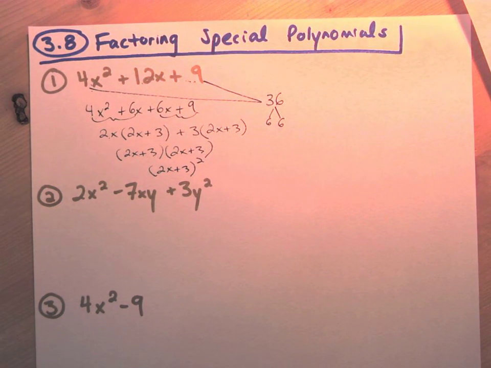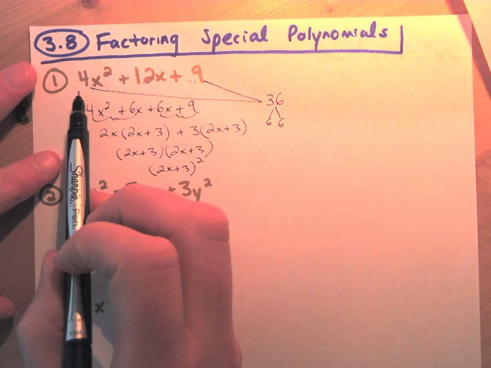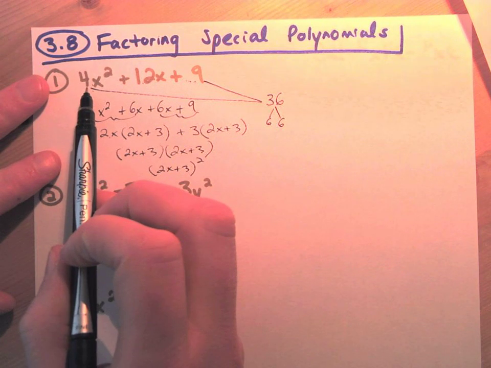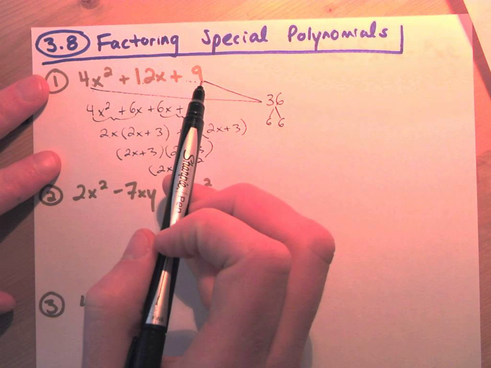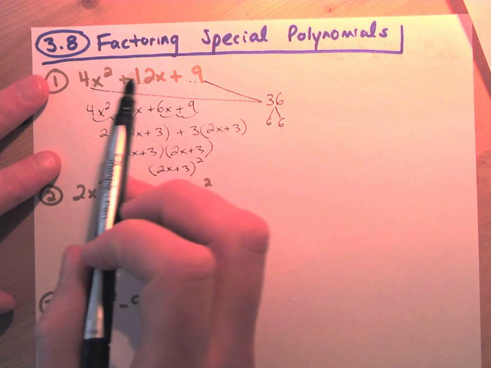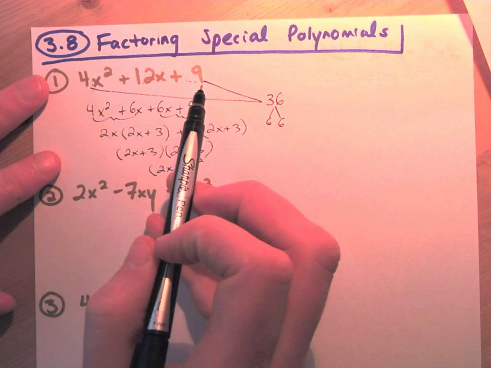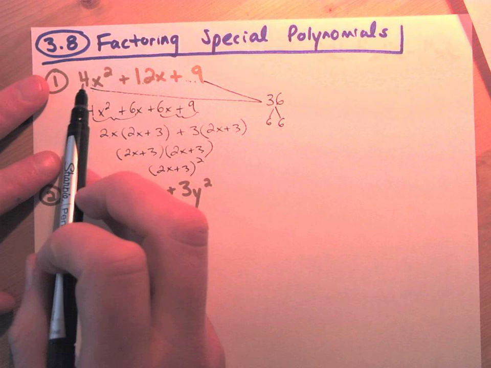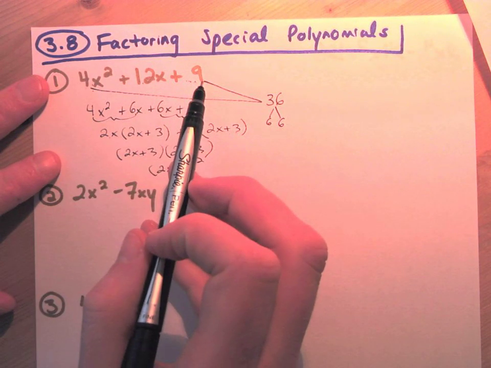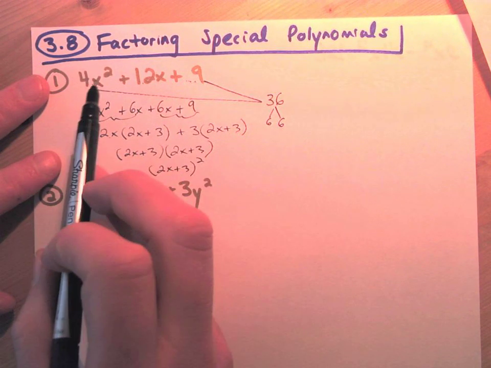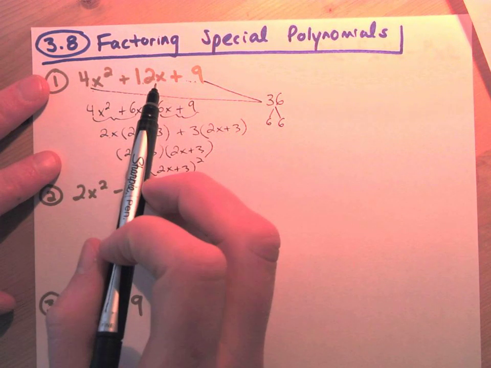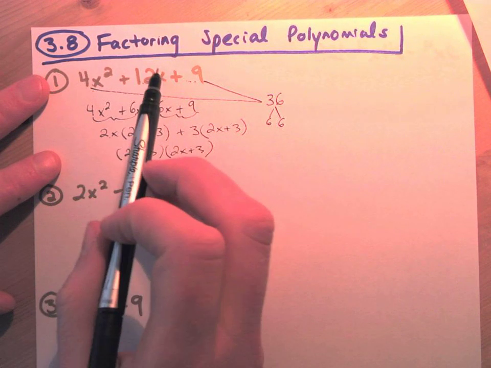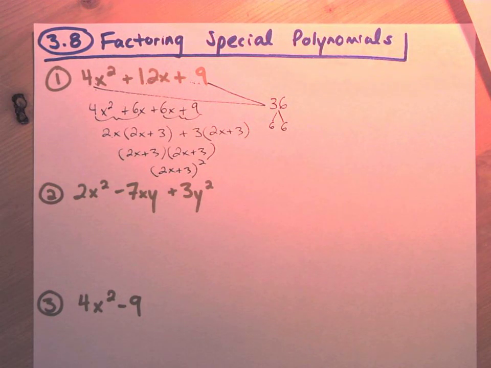Okay, the reason why it's special is they notice that this is a square number, this is a square number. Okay, 2 and 3 are the square roots of those two numbers, and we notice that 2 times 3 is 6, and so that's half of that number as well.